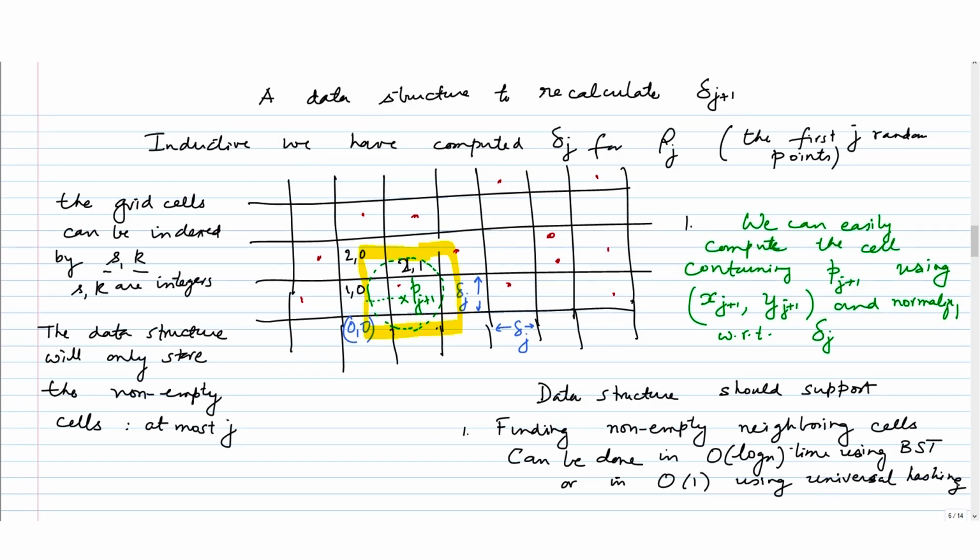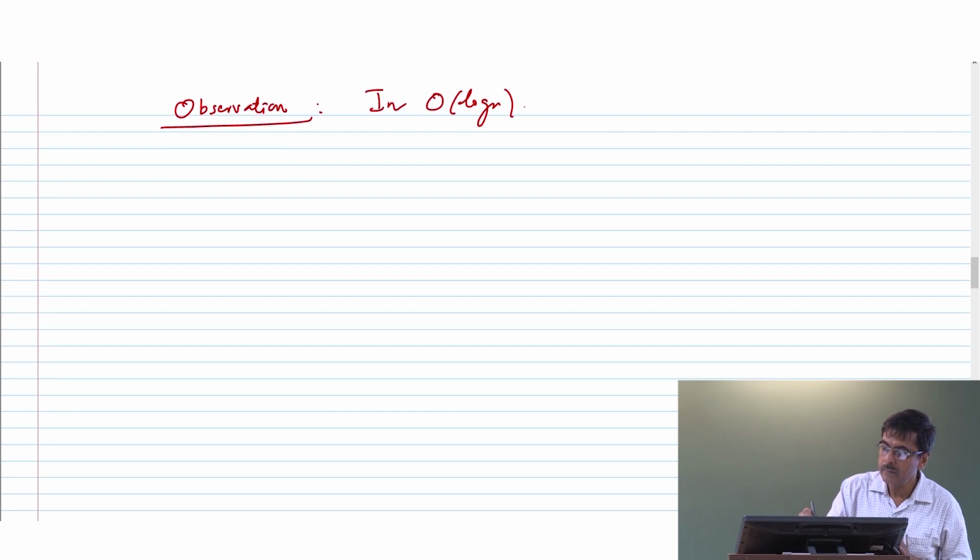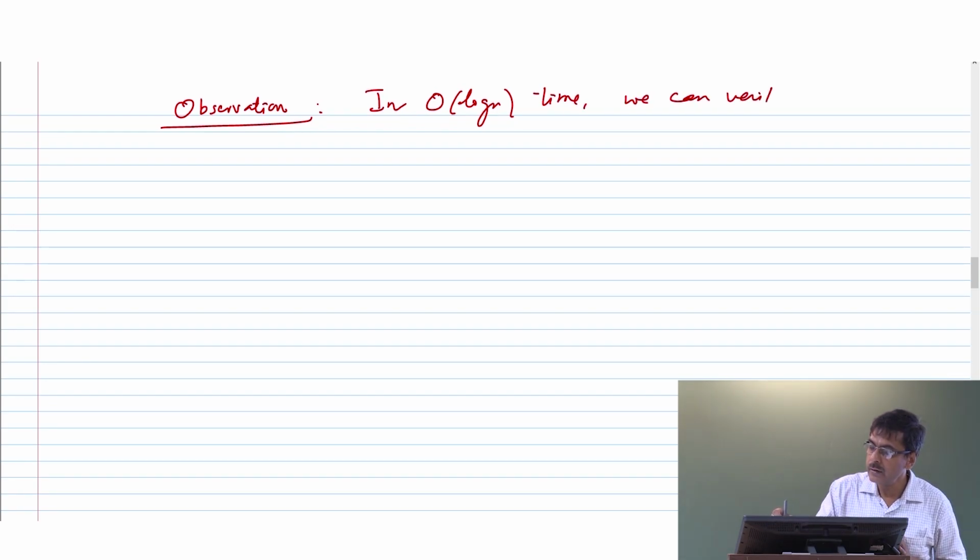So, the observation essentially is that, in order log n time, we can verify if delta j plus 1 is equal to delta j or delta j plus 1 is not equal to delta j.